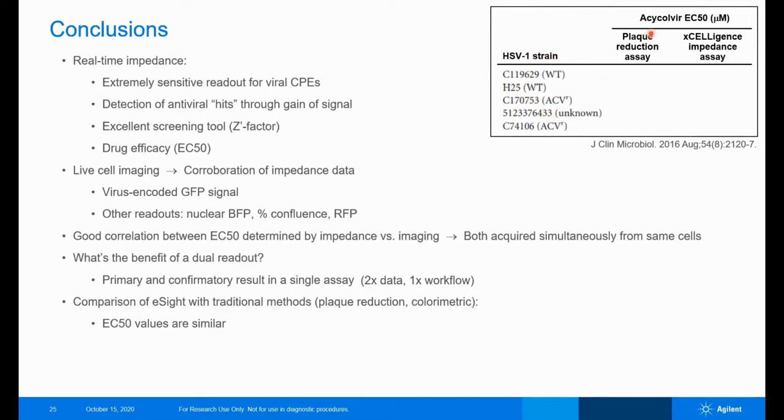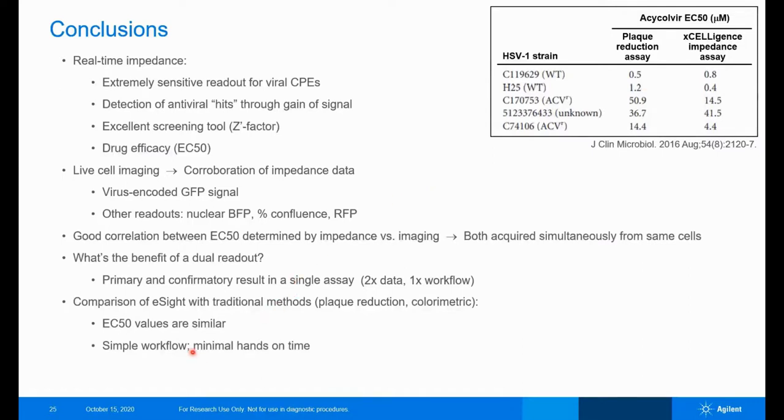This was done using a plaque reduction assay side by side with an xCELLigence impedance assay. You can see that the EC50 values from these approaches often are just 2 or 3-fold different from one another. So very good correlation. This is one example out of many thousands of papers that have been published over the last 16 years showing good correlation between impedance and traditional methods.